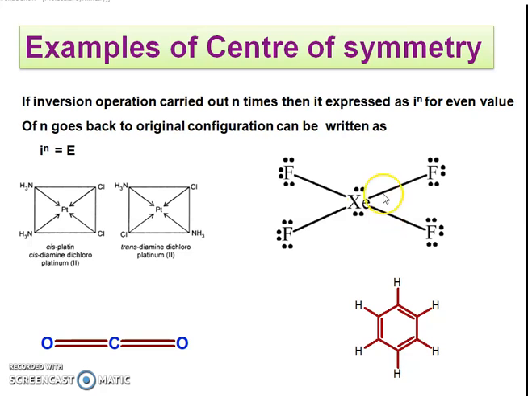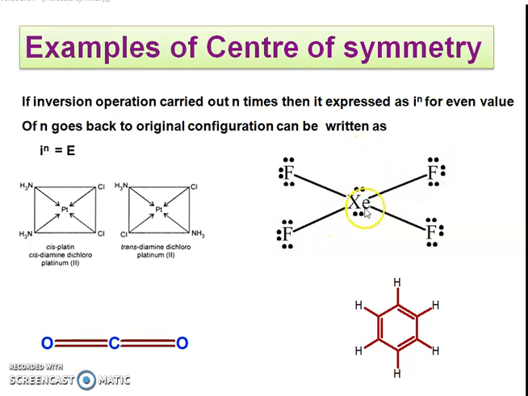For example, xenon tetrafluoride. This xenon tetrafluoride clearly shows that it has a center of symmetry, because between these atoms and these atoms we can draw the line, and between this fluorine and this fluorine we can draw the line.